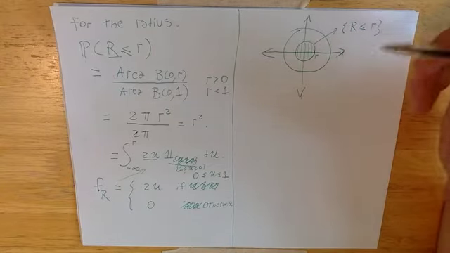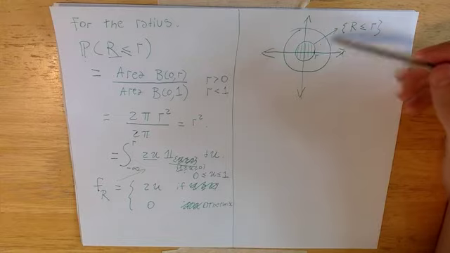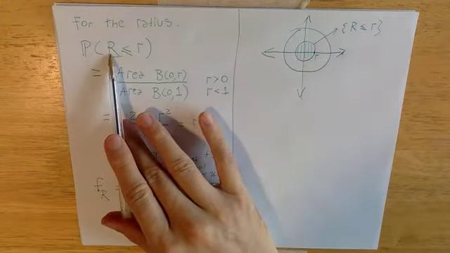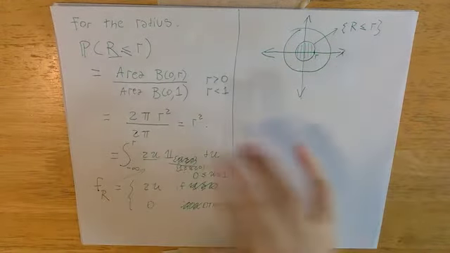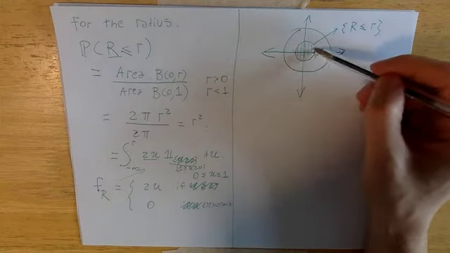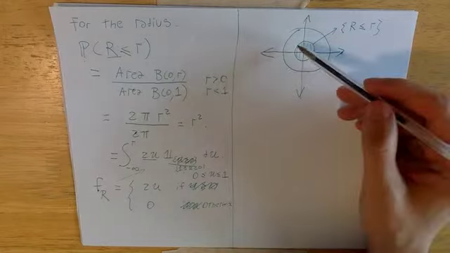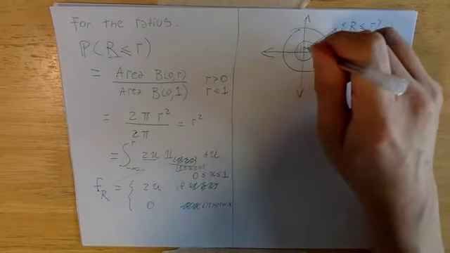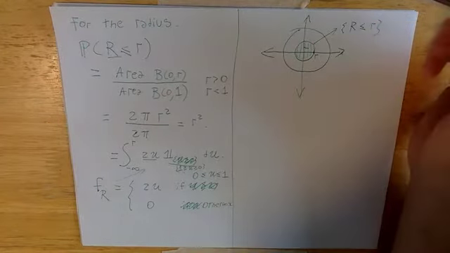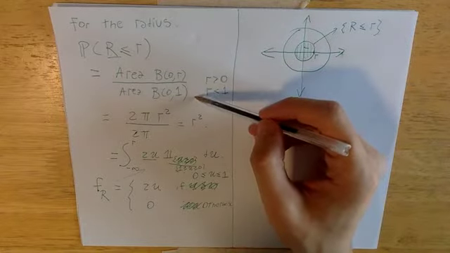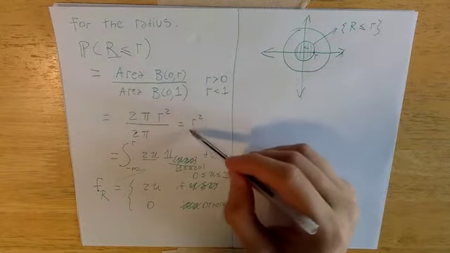In particular, to calculate the probability that my random variable R is less than little r, I have to calculate the area of this set and divide it by the area of the full set. So the probability that my dart hits here is going to be this ratio, which I can calculate to be r squared.